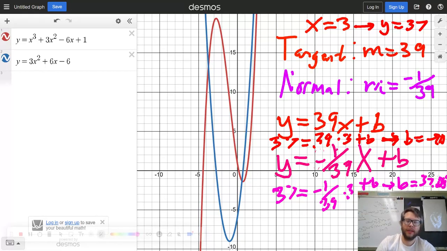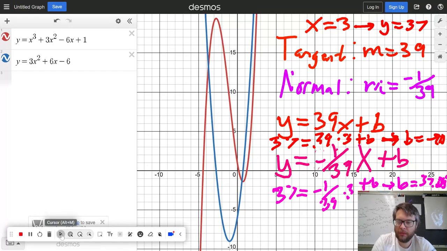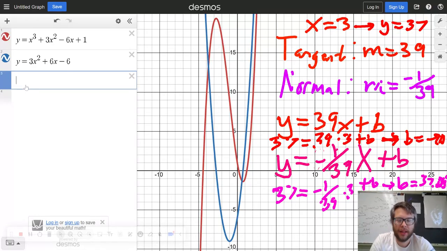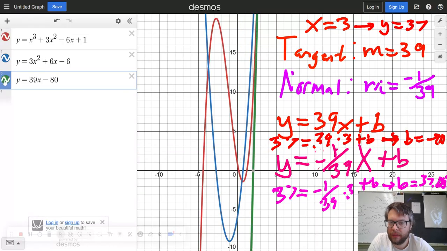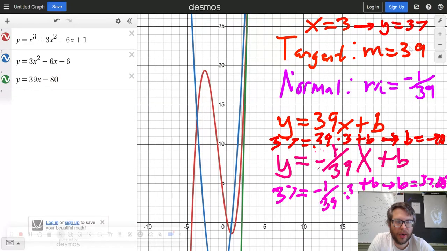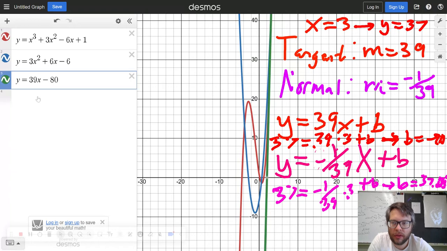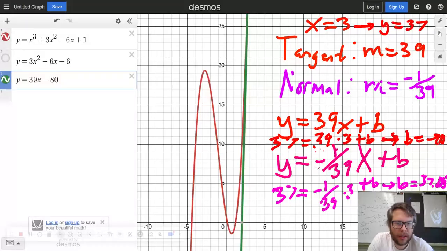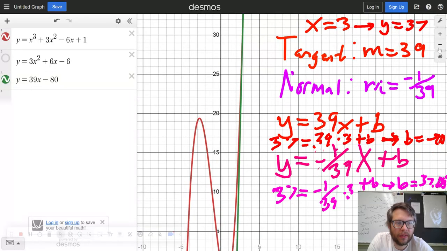Okay. So let's type in the tangent and normal lines, and you'll see how they look. y equals 39x minus 80. So notice that when x is equal to 3, let's turn off the blue one for now, that green line touches the red line.